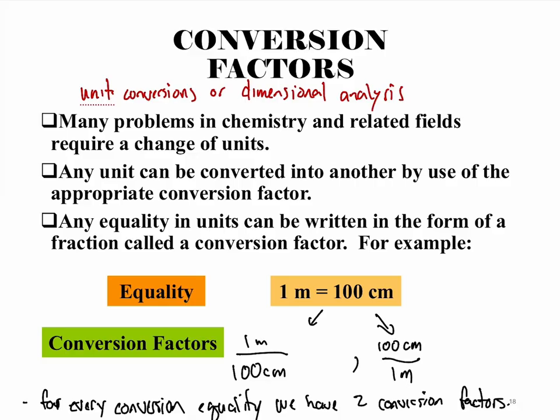If I want to cancel out centimeters, then maybe I use this one. So which conversion factor you use just depends on what you're converting between. If I want to go from centimeters, let's say I have 2 centimeters here, to meters, then I put 2 here times this, centimeters cancel out, and I'm left with meters. Let's say I have 2 meters and I want to convert that to centimeters, then I want the meters to cancel out, so I know that that should probably be in the denominator.